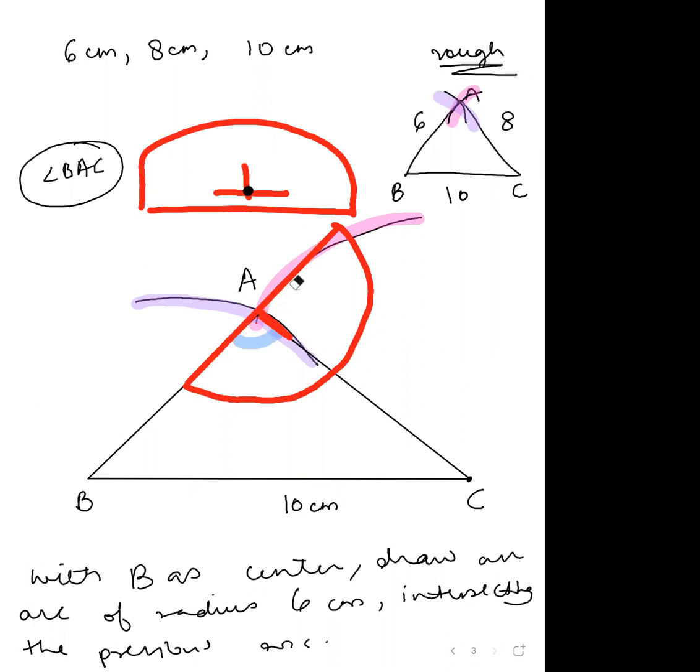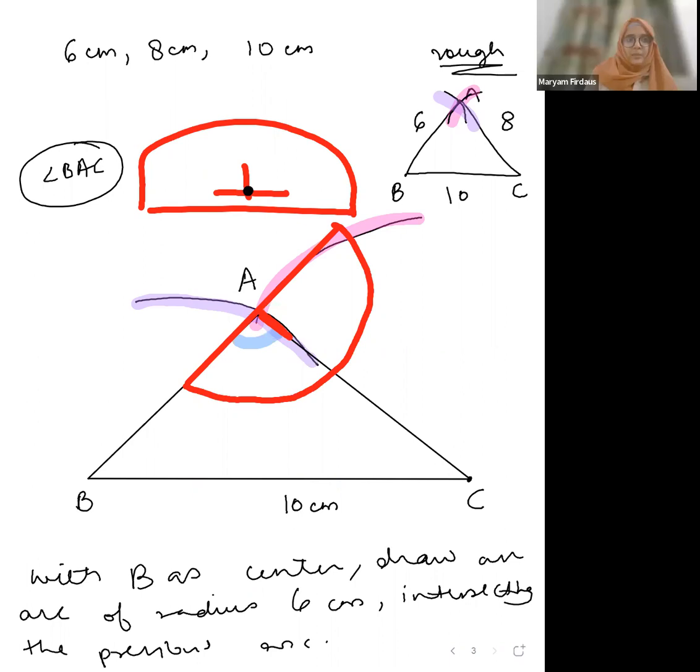So where should that point be? It should be over here, exactly at A. And your whole protractor should be exactly on the line AB, not crooked.